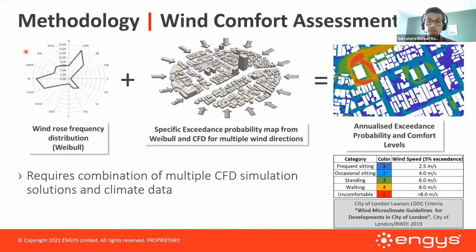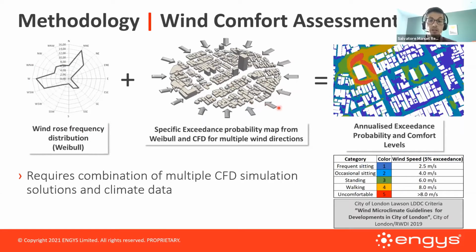The wind comfort assessment is done by combining local velocities from multiple wind directions along with climate data. Weather data are generally represented as wind roses and are given in the form of Weibull distributions.